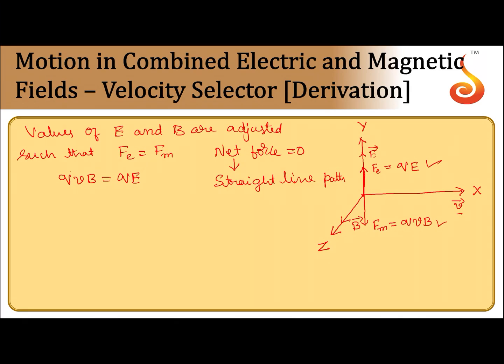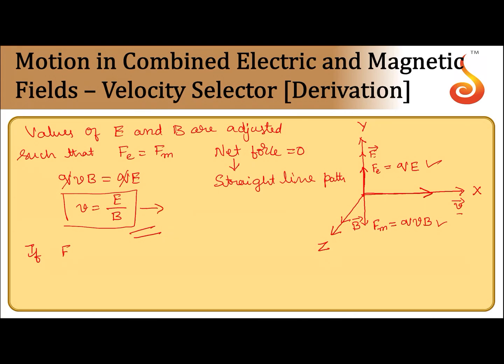What is the condition for this? If I cancel Q here, if I solve for V, V should be equal to E by B. That means only those particles which have this much velocity, V equal to E by B, go undeviated along a straight line in this path, right?